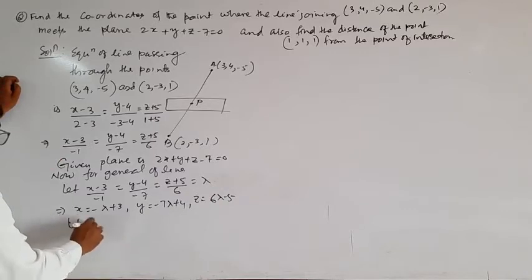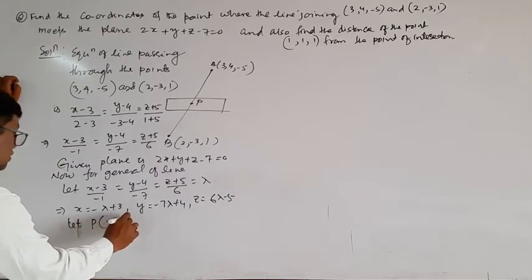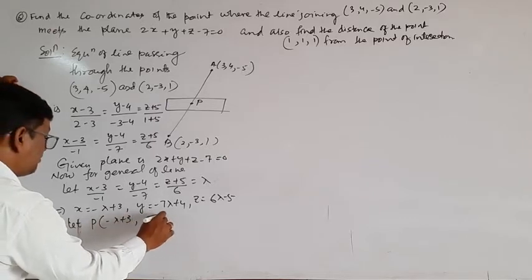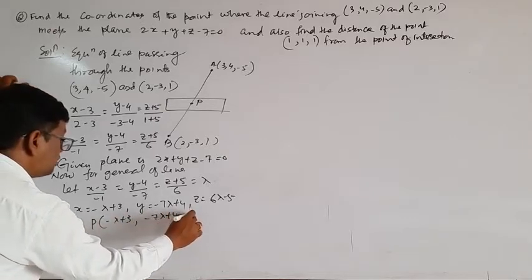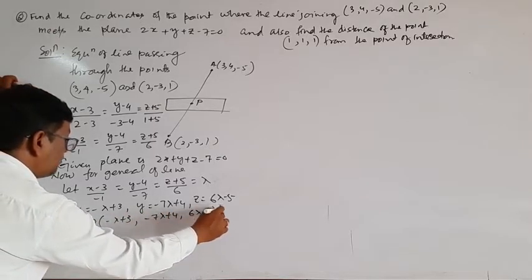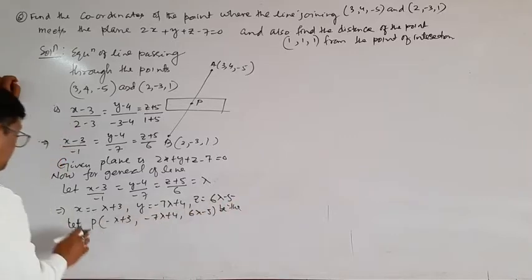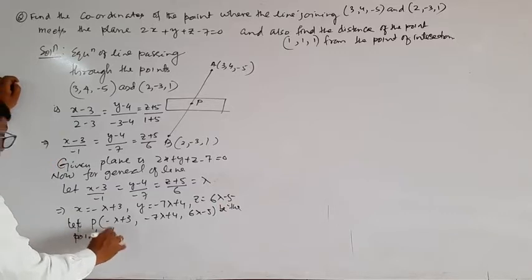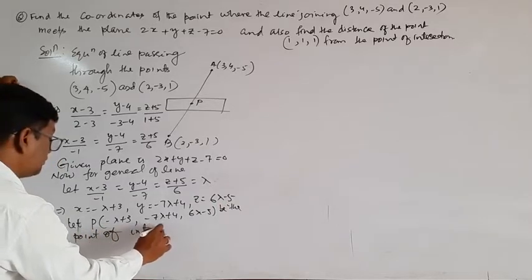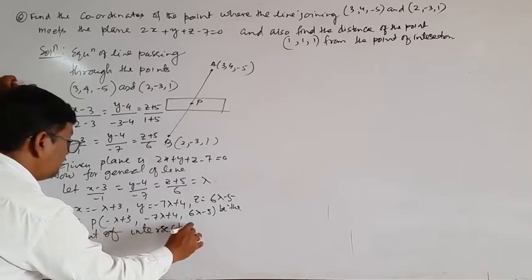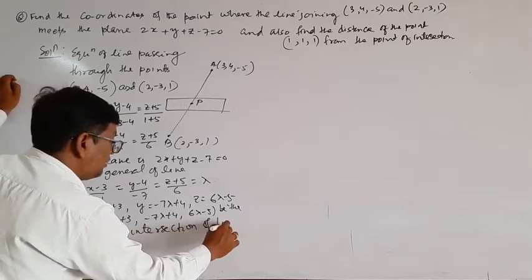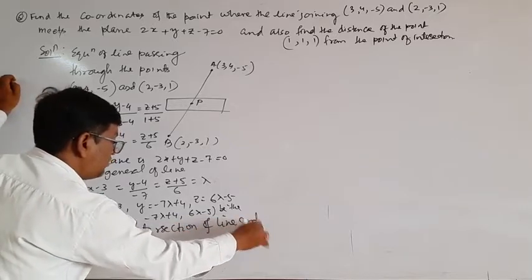Let P of minus lambda plus 3, minus 7 lambda plus 4, 6 lambda minus 5 be the point of intersection of line and plane.